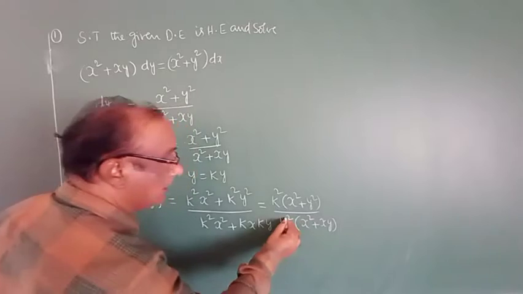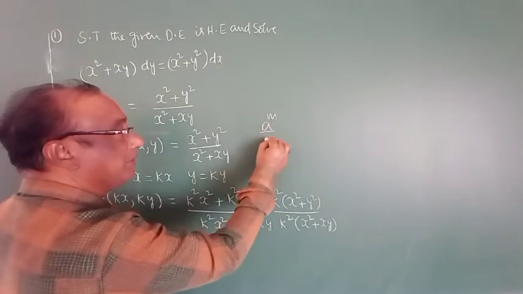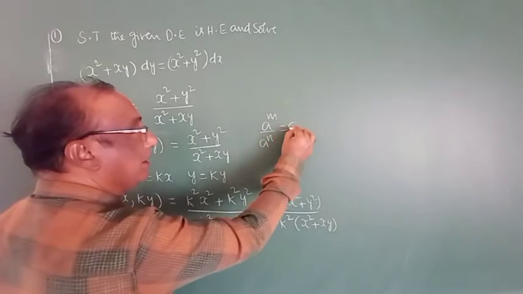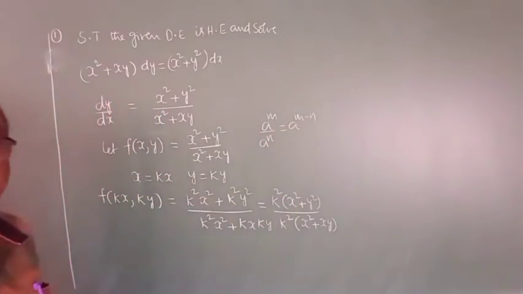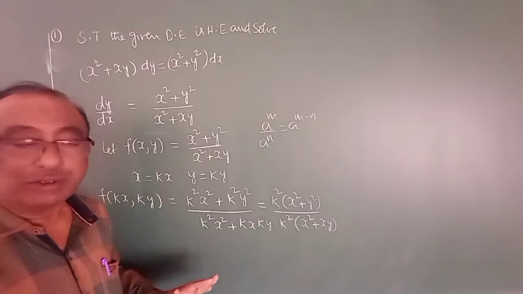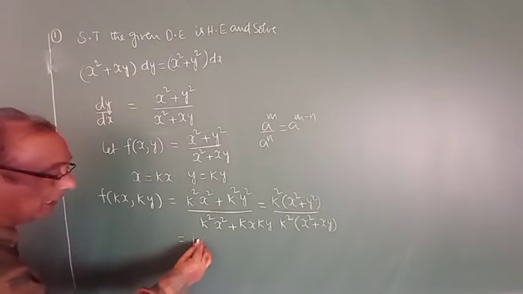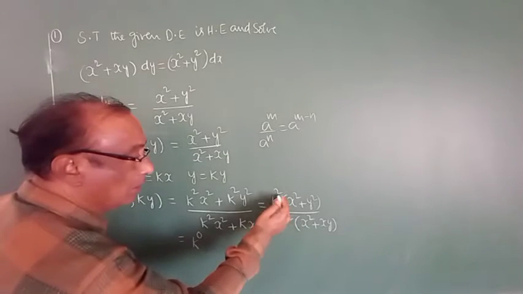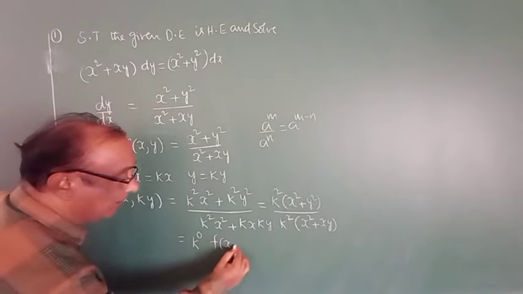Now a to the power m by a to the power n is a to the power m minus n. Don't cancel k square yet. So now we can write this as k to the power of 0, since 2 minus 2 is 0, times f of x comma y.